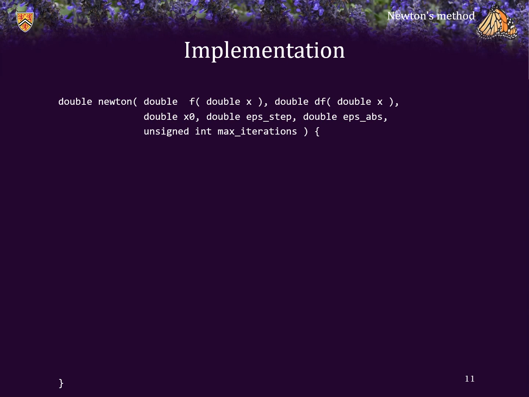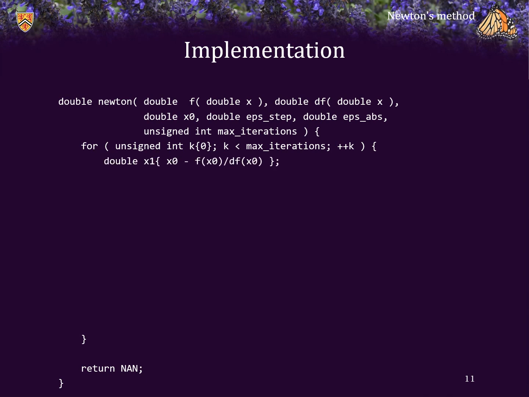We also, of course, will give it a maximum number of iterations. So in the body of the loop, we will iterate at most max iteration times. If we do not find a solution, we will simply return not a number, a constant defined in the CMath library.